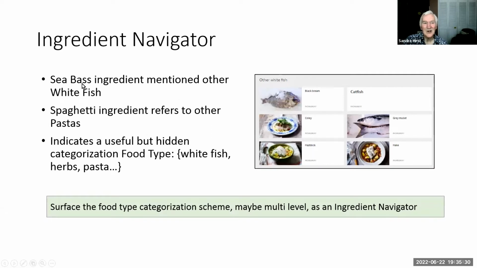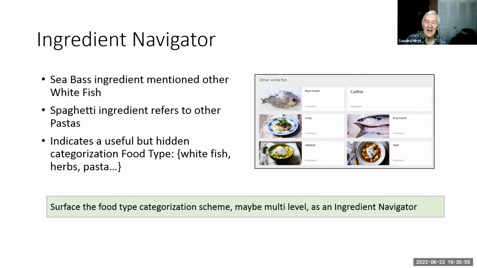First of all, I want to go back to the sea bass. If you remember, at the bottom of sea bass, it had information about other whitefish. And I told you at the time, I thought there's probably somewhere in there a categorization scheme. So my thought is maybe we could bring this categorization to the surface.